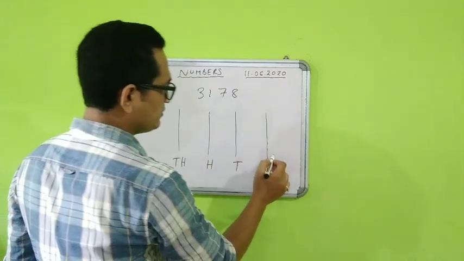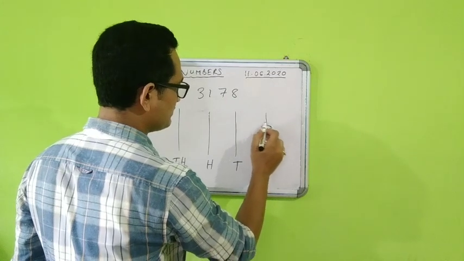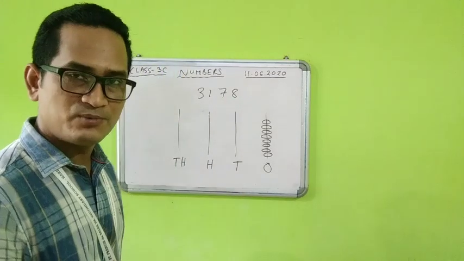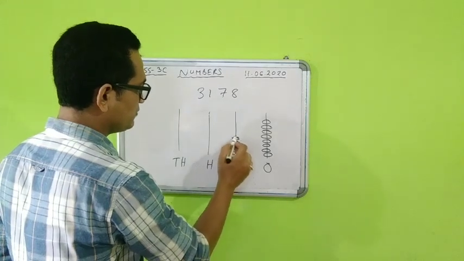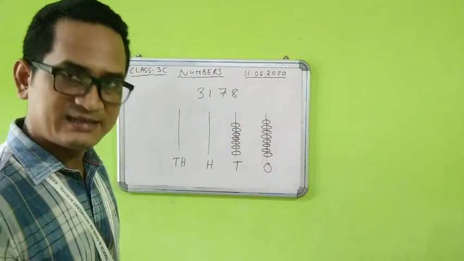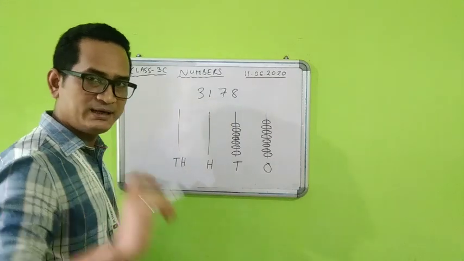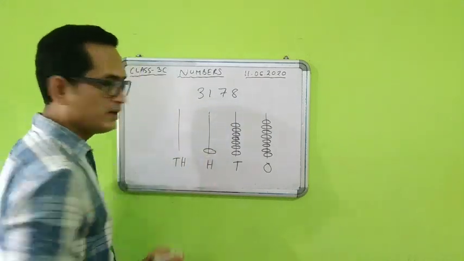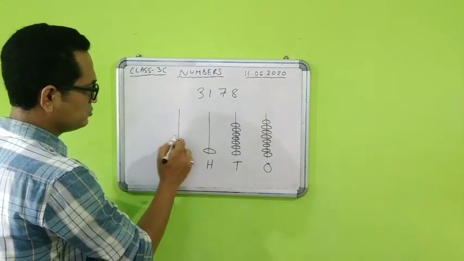In the ones place there will be 8 beads: 1, 2, 3, 4, 5, 6, 7, 8. In the tens place there will be 7 beads: 1, 2, 3, 4, 5, 6, 7. In the hundreds place there will be only 1 bead, and in the thousands place there are 3: 1, 2, 3.